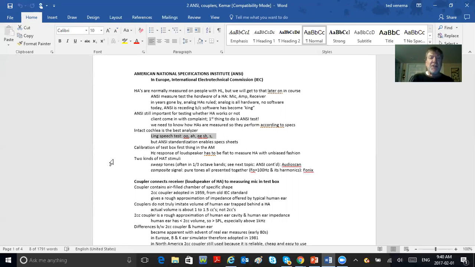But ANSI specification enables spec sheets. In other words, hearing aid manufacturers have to produce specifications. You can find these on your manufacturer fitting software on your computer. You'll see these specs. What's the maximum power output? What's the OSPL 90? Output sound pressure level with 90 dB coming in the hearing aid.